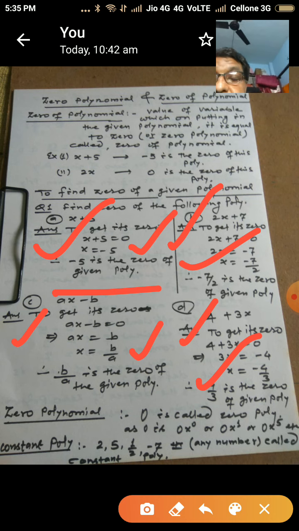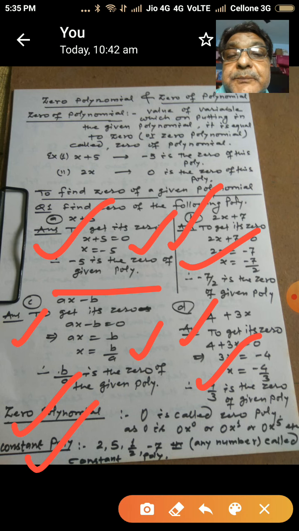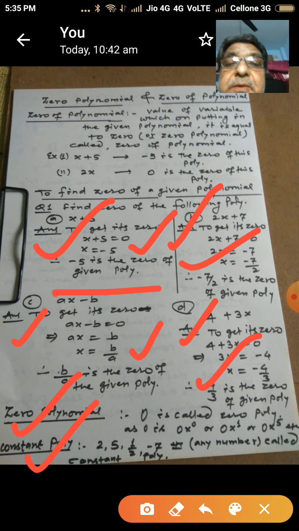And as stated earlier, students, what is the 0 polynomial? 0 is called the 0 polynomial because it is also a polynomial. And constant polynomials are all the numbers except 0, the other numbers, which contain no variable, or you may say contain the variable with 0 power.